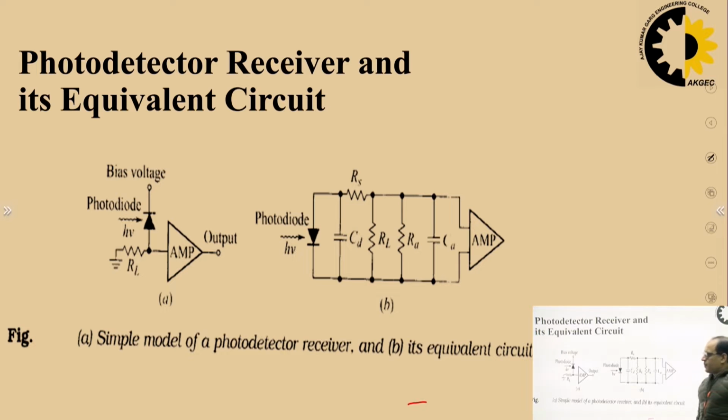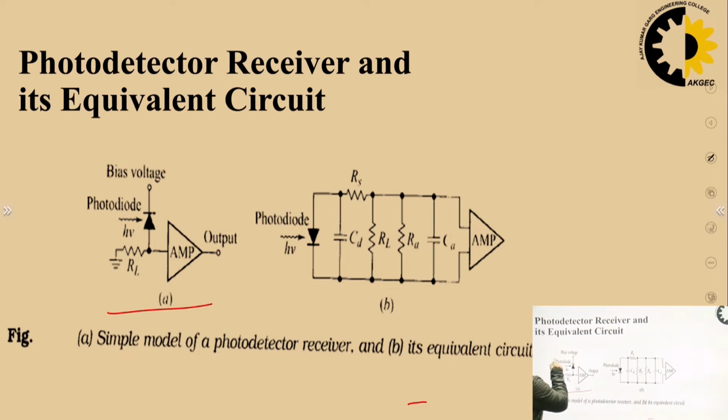Now next we'll talk about the noise sources in the optical receiver. But first of all, before starting with the noise at the optical receiver, we'll see the equivalent circuit of the photodetector receiver. Clear? This one is the photodetector receiver.